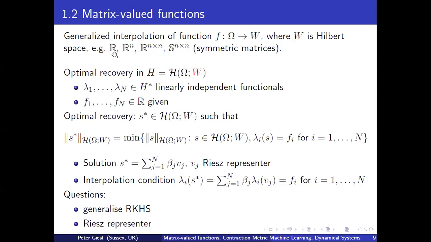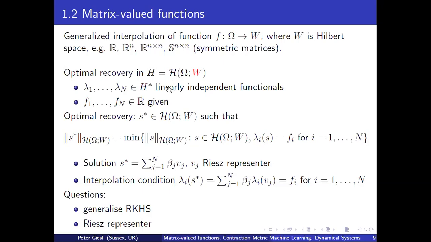It could be R, then we're back to the previous section. It could be R^n, so vector valued functions, or we are particularly interested in matrix valued functions. So W could be the n times n matrices, or we are actually interested in the symmetric matrices, so the subset of R^(n×n) of matrices that are symmetric. We have in mind that W will later be mainly the symmetric matrices.